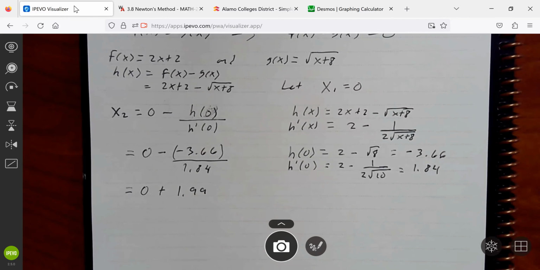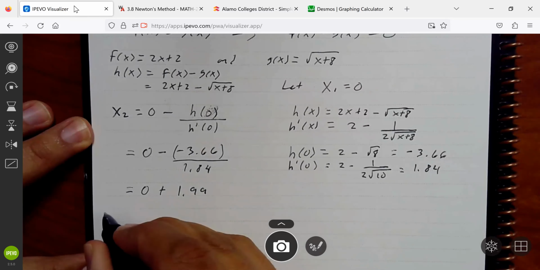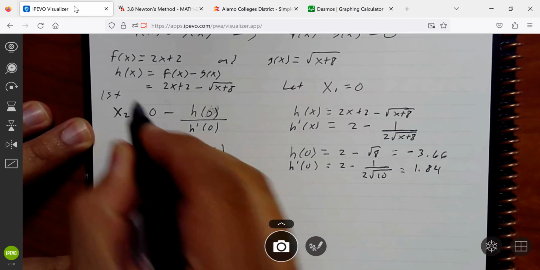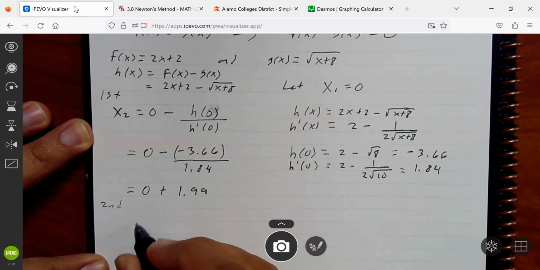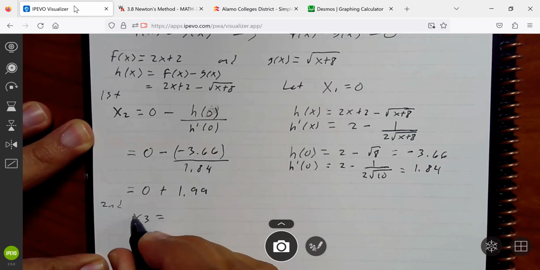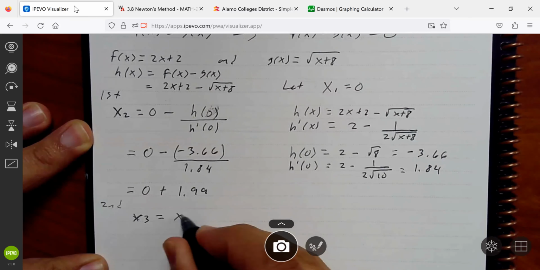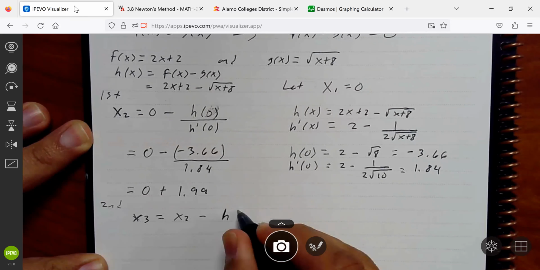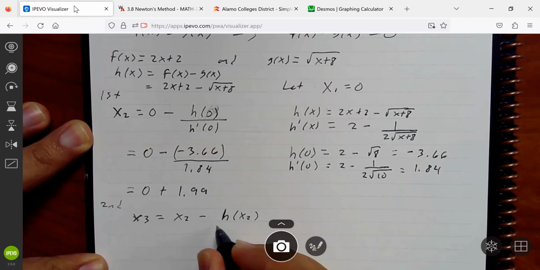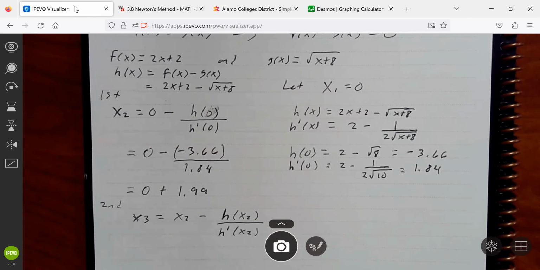So use it again. So now x3, this first iteration, second, x3 will equal x2 minus the function h at x2 over the derivative at x2. So as you can see, it can get pretty tedious.